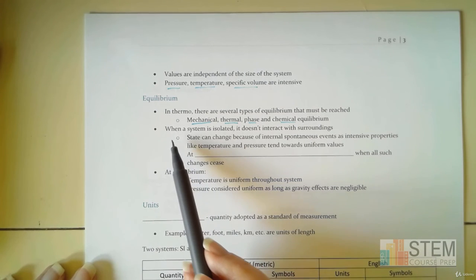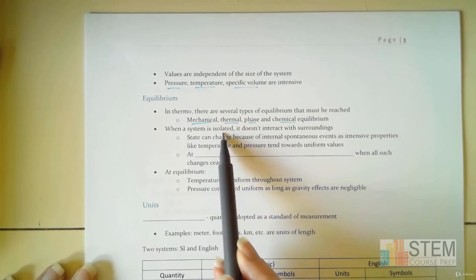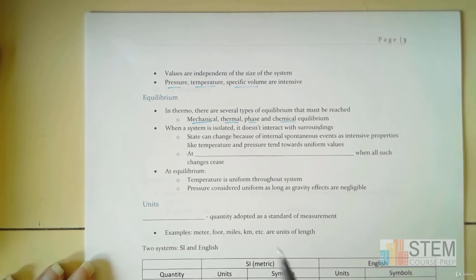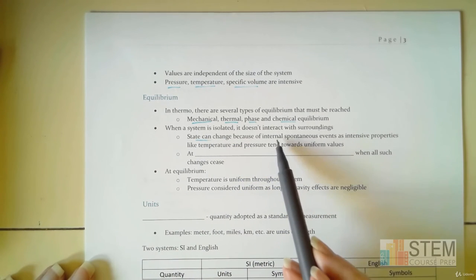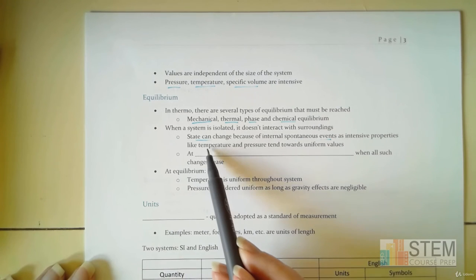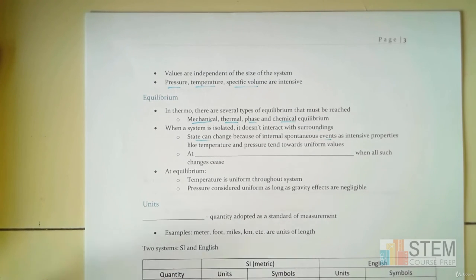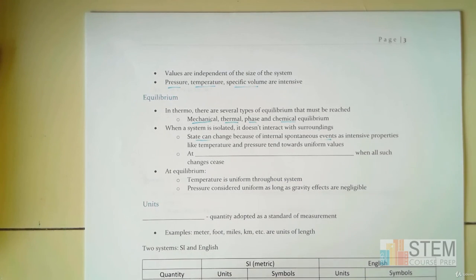Now let's go back to talking about equilibrium. Remember we said if a system is isolated, it doesn't interact with the surroundings. Even though it doesn't interact with the surroundings, the state can still change because of internal events. Let's think about temperature and pressure tending towards uniform values. These would just be internal events making our temperature and pressure try to go to a uniform constant value.